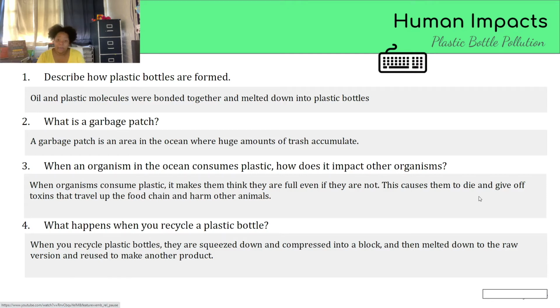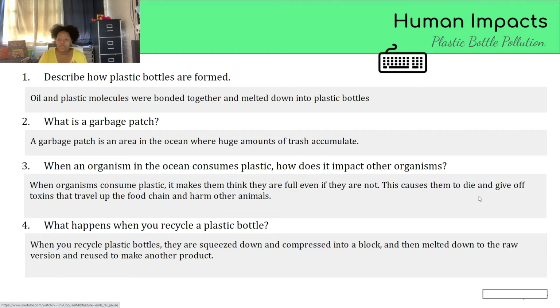And when they pass away, they give off these toxins that travel up the food chain and harm the other organisms. So, for example, the turtle that we saw in the video gives off these toxins after eating plastic and passing away, and whatever consumes the turtle is now taking in those toxins.